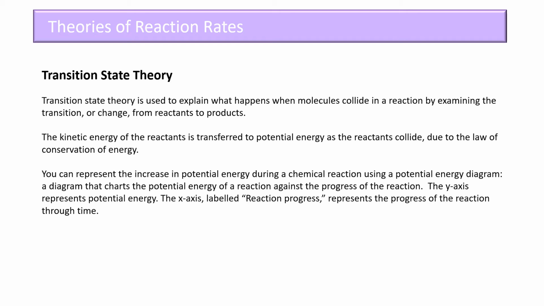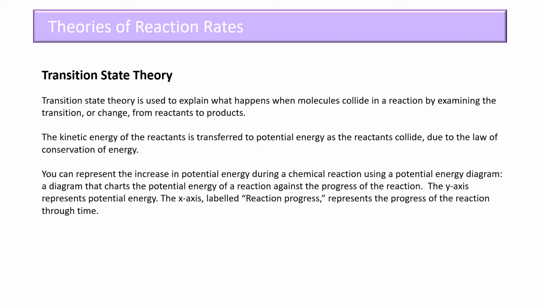The kinetic energy of the reactants is transferred to potential energy as the reactants collide due to the law of conservation of energy. You can represent the increase in potential energy during a chemical reaction using a potential energy diagram, which is a diagram that charts the potential energy of a reaction against the progress of the reaction.